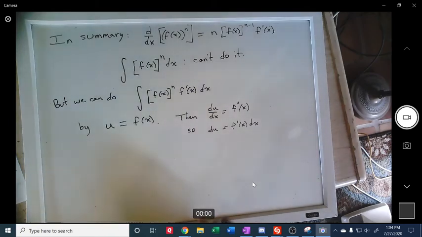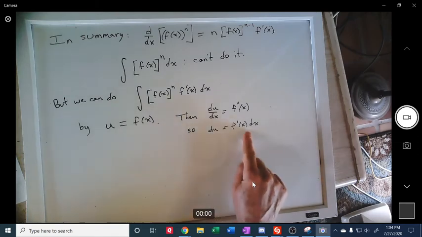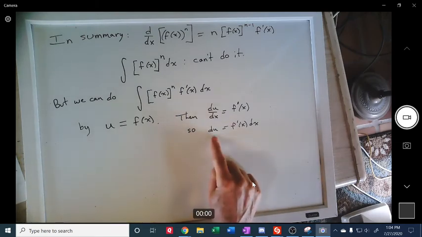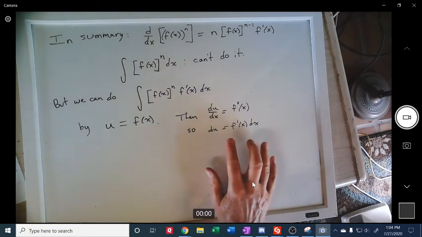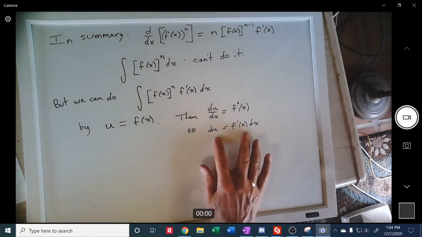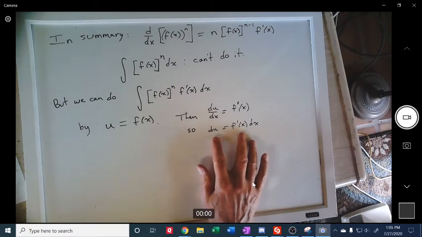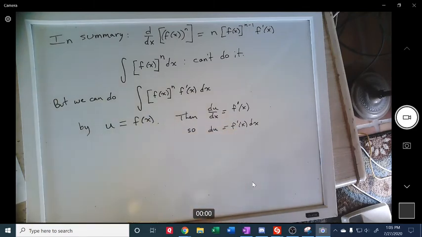But anyway, we're going to treat it more like an algebraic manipulation. We multiply both sides by dx. We're not going to get stuck on the interpretation that these are infinitely small. We're just going to use this kind of notation.